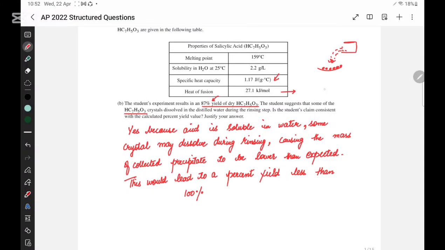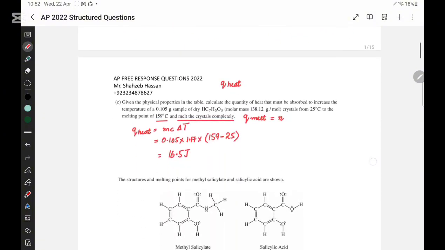And for Q melting, we have to use the formula number of moles multiplied by heat of fusion, which is in kilojoules per mole. So you have to multiply it with 1000 to convert it into joules per mole. By multiplying, it comes out to be 27,100 joules per mole. And when we are multiplying with the enthalpy of fusion, moles are how much?